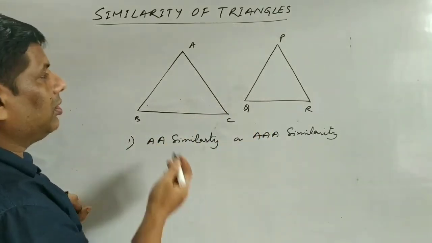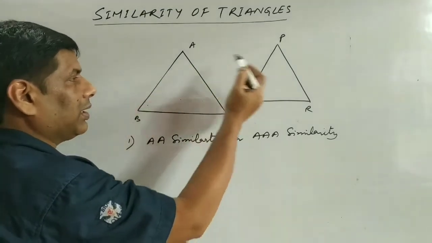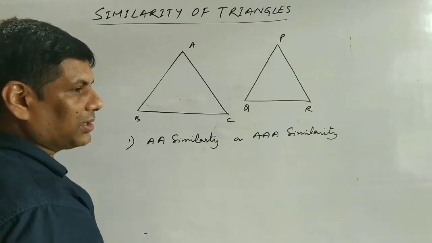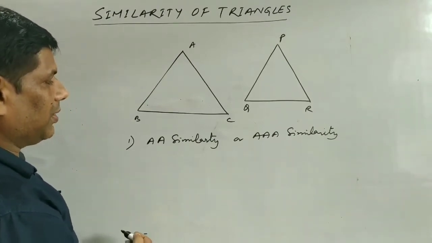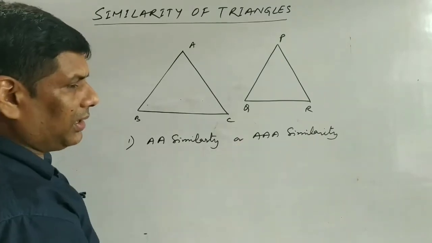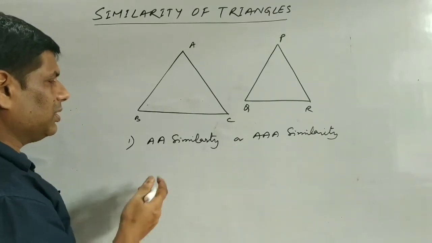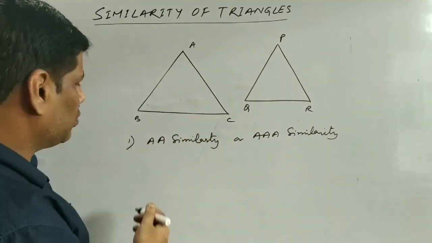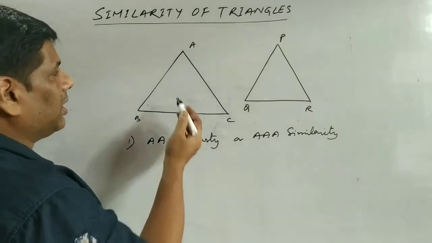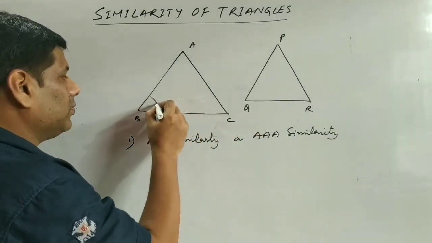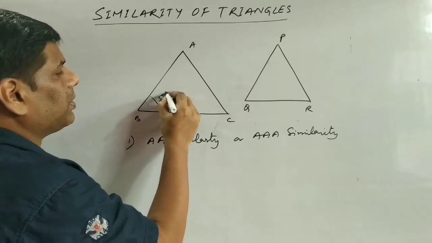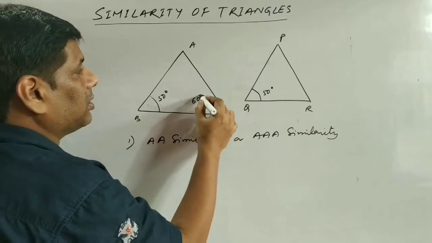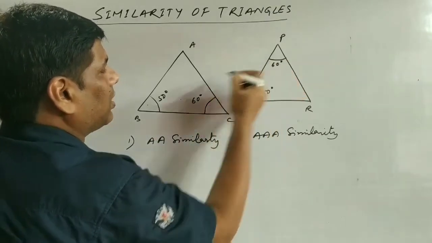Or if any three angles of one triangle are equal to any three angles of this triangle, then by AAA similarity we can say that two triangles are similar, either AA or AAA, because both are almost the same, because if two angles of two triangles are equal, then naturally the third angle will be equal. So by AA similarity we have to see two angles, suppose this is 50 degrees, this angle is also 50 degrees, this is 60 degrees and this may be 60 degrees. So the two triangles are similar.